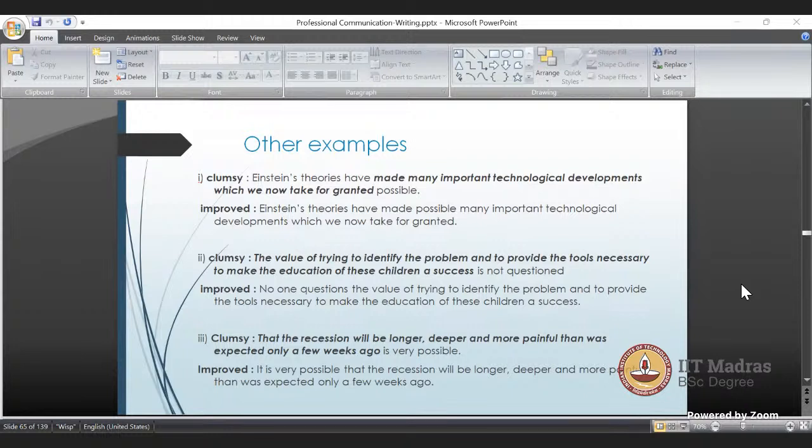Okay, so for this part, we were looking at the end-weight principle. So what we did, we just brought the longer structure carrying more information towards the end, right? Einstein's theories have made, so you see this, the same sentence can be done in multiple ways based on what you want to focus on, right?